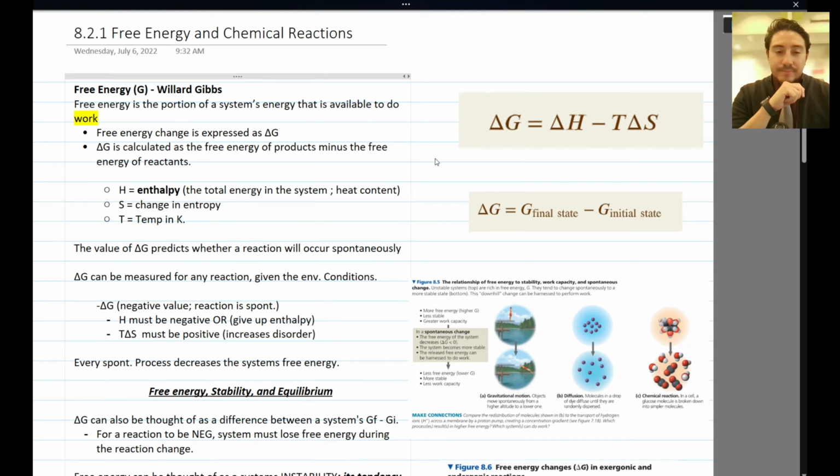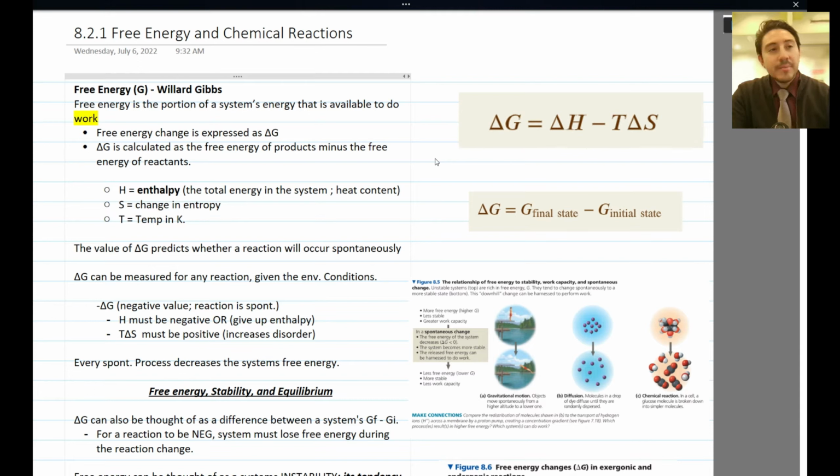All right, so now we're going to talk about 8.2, which is free energy and chemical reactions. Free energy, or free energy change, is a concept developed by Willard Gibbs, in which free energy is the portion of a system's energy that is available to do work.